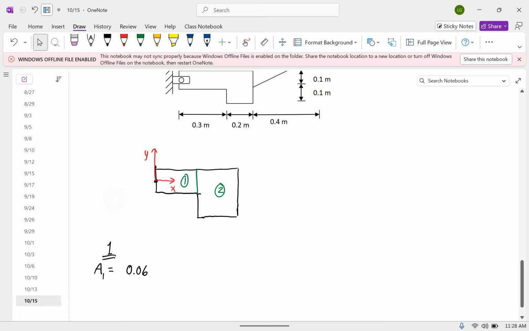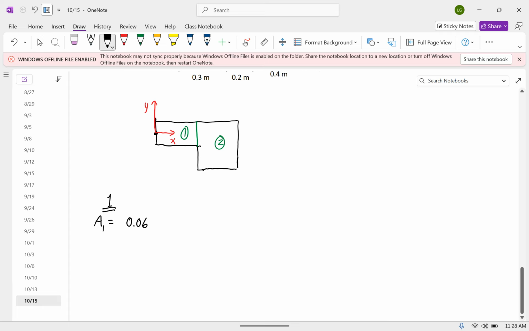And the centroid location: we just have to go over half of the length of 1. So that's 0.15 and then 0 because the height is the same as our origin.